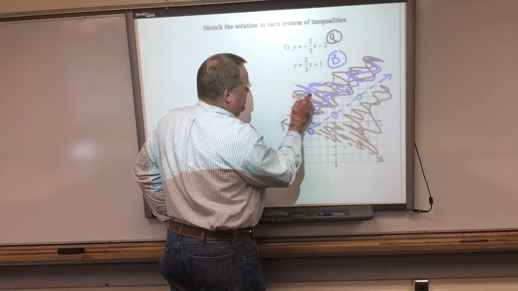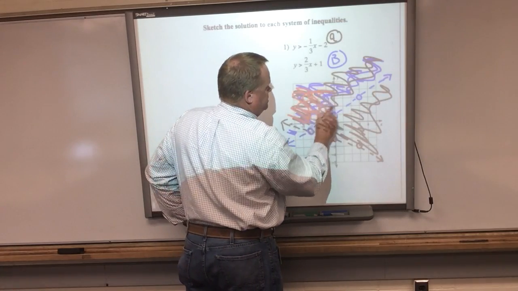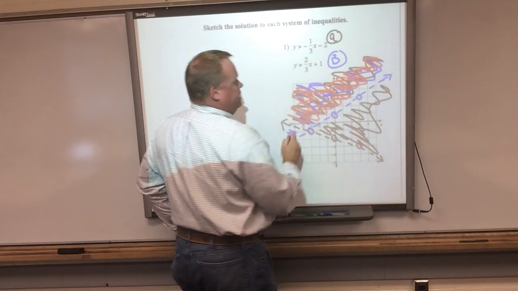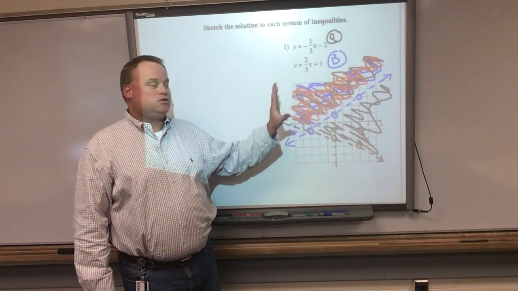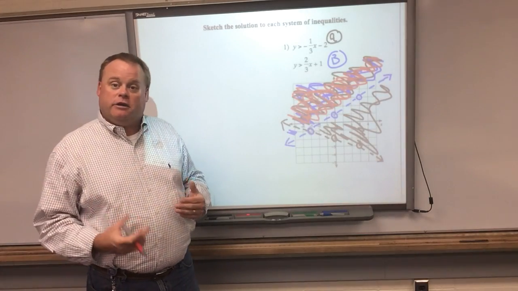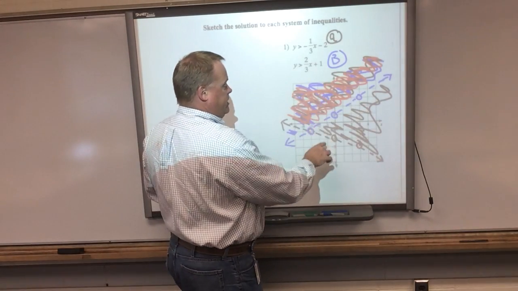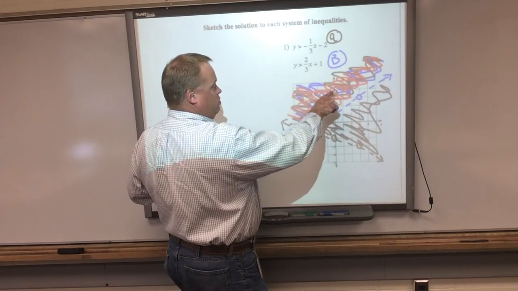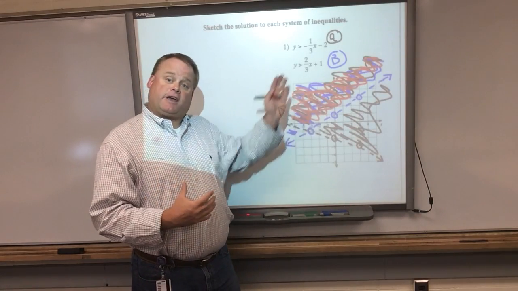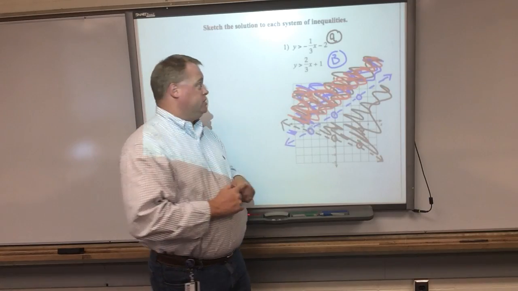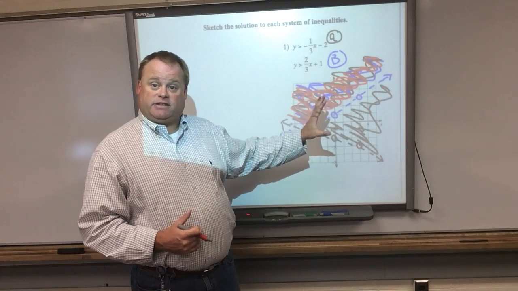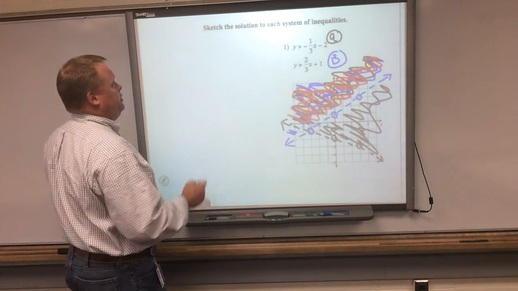So all of these points on the graph will be points that make our inequality true. We could test it by putting in one of these points. So I could put in the point 0, 4 into both of these inequalities and prove that it is a true statement. So let me go ahead and do that.